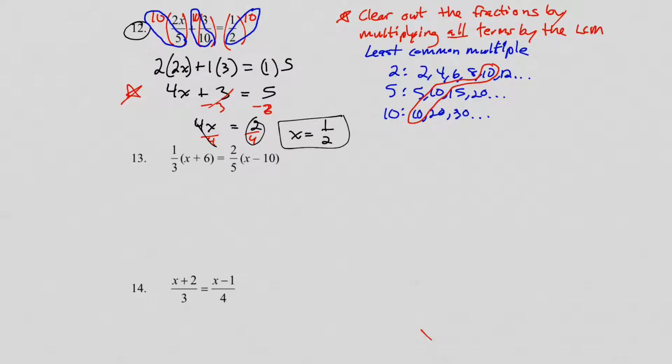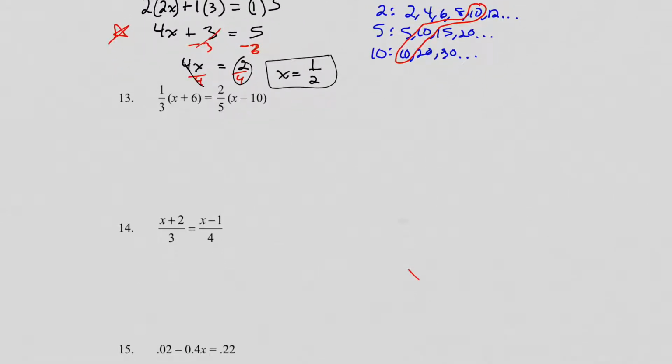So I'm not going to do 13, but basically, if you don't deal with the fractions in number 13, even though this is odd, you're going to get this ugly mess.